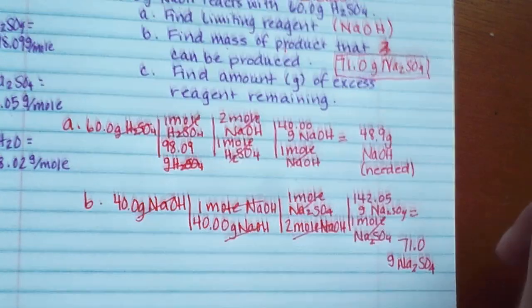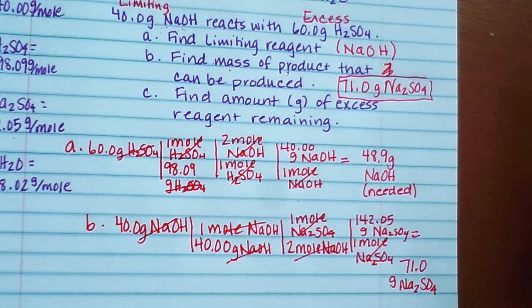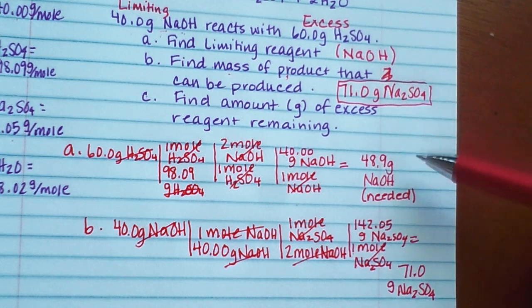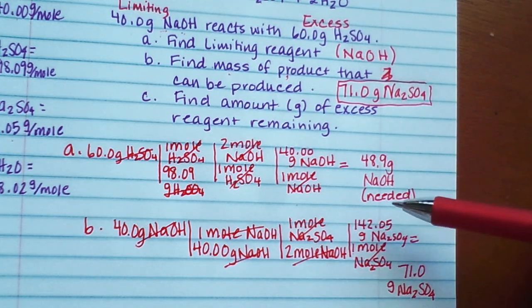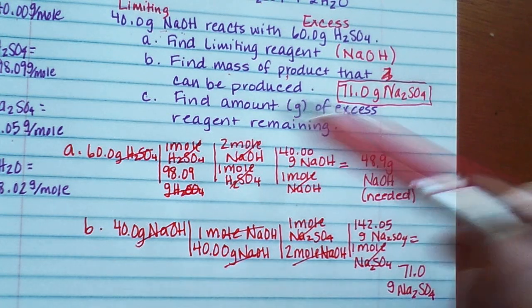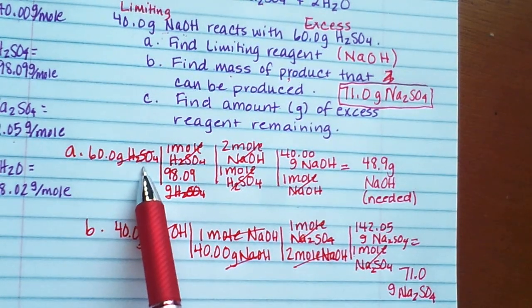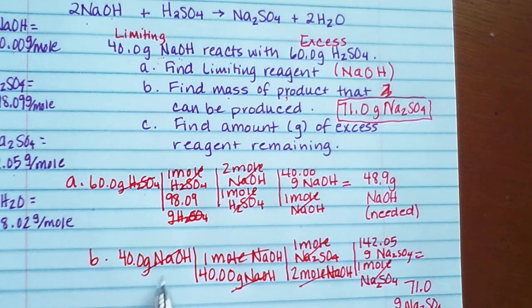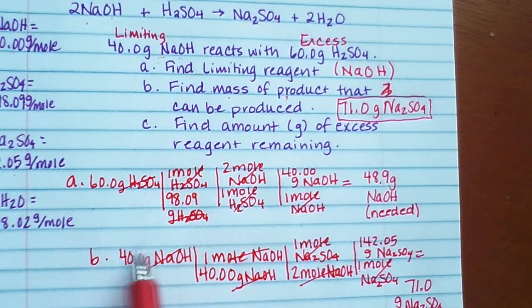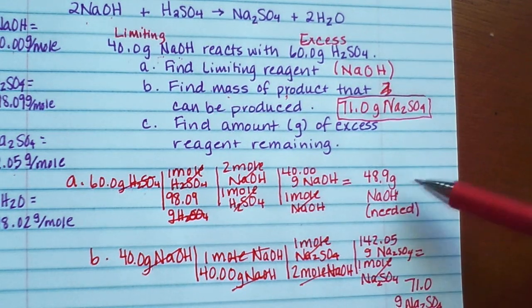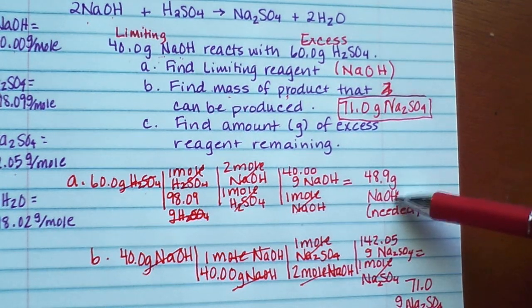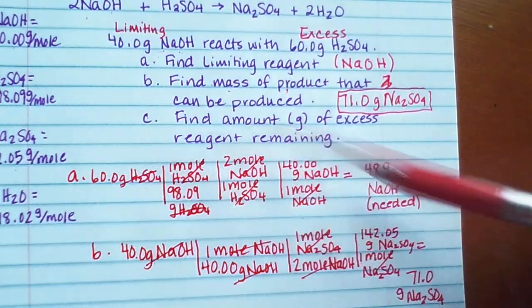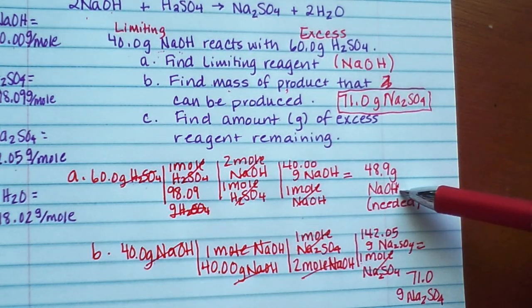Next, find the amount in grams of the excess reagent remaining. This one's going to be a little bit harder because I don't know how much of the sulfuric acid is going to be used if I start with my limiting reagent. What I did figure out is that if I use all of my sulfuric acid, I will need 48.9 grams of sodium hydroxide. But I can't use it all because I don't have enough sodium hydroxide.